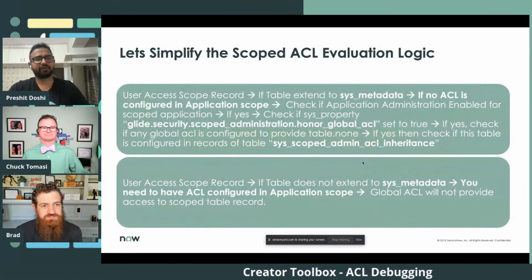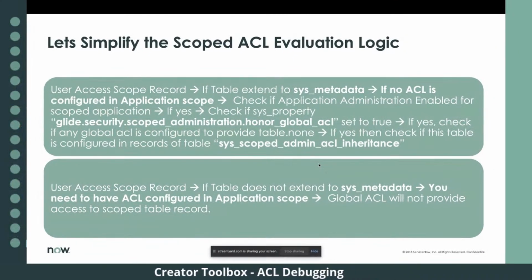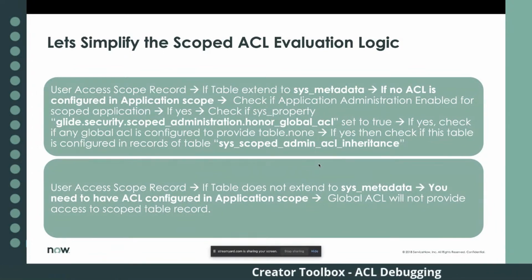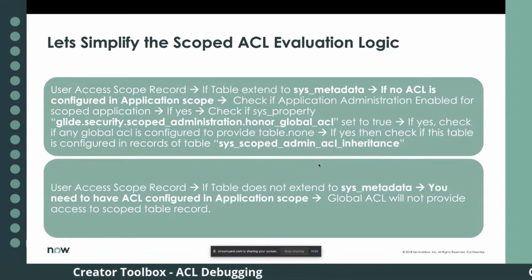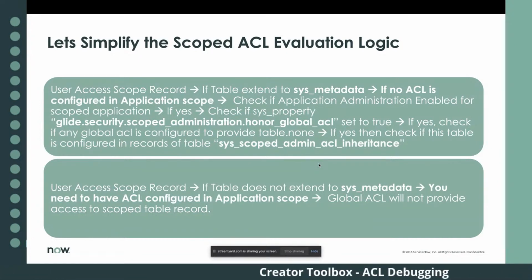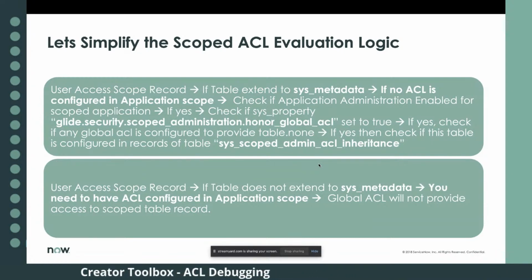So let me move on. We have talked about the basic ACL evaluation. There is also a scoped ACL evaluation consideration. The major misconception is that I get many questions from developers saying that I have a table, and if I don't have any scoped ACL defined on that, sometimes it executes the global ACL, sometimes it does not.